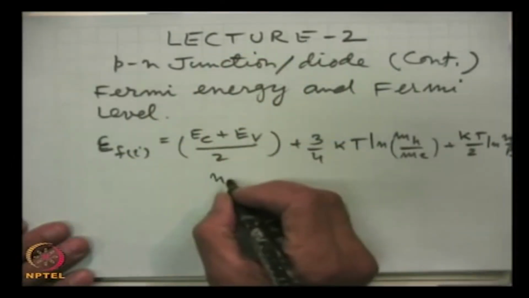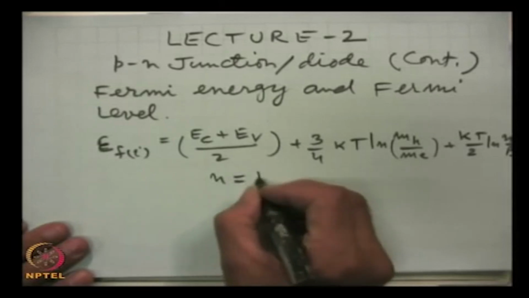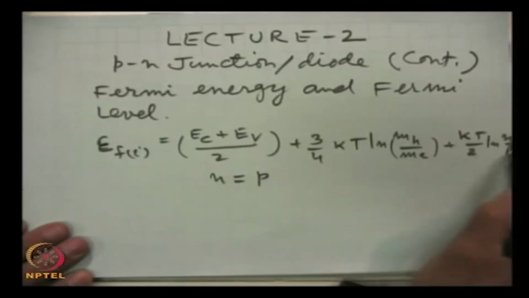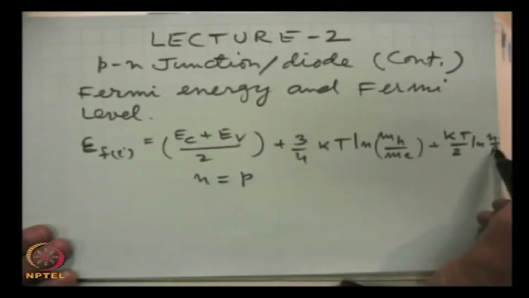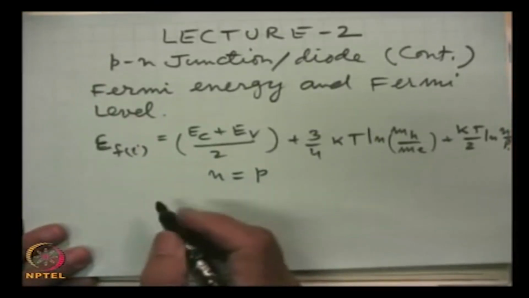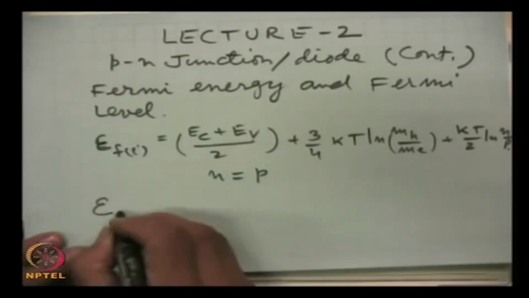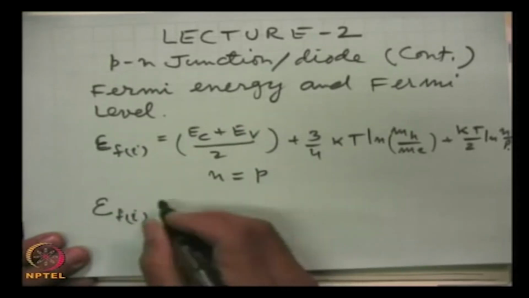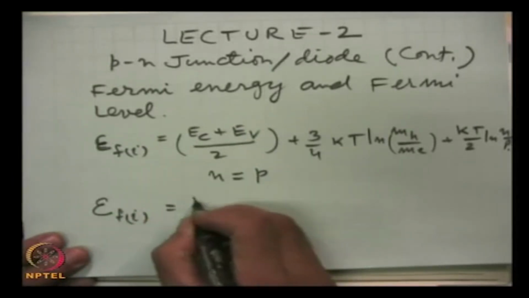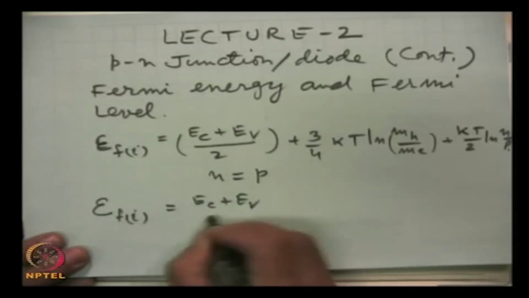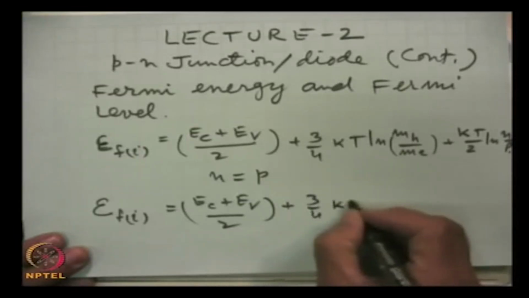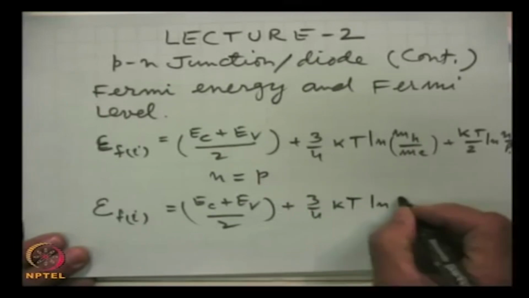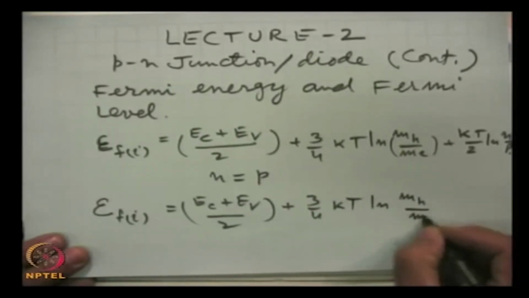Therefore, the electron concentration is equal to the hole density, and therefore this last term becomes 0 because n and p are equal, and the expression for Fermi level is E c plus E v by 2 plus 3 by 4 k T log m h by m e.